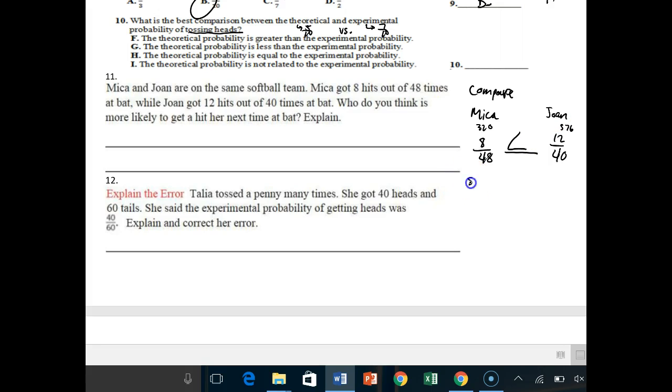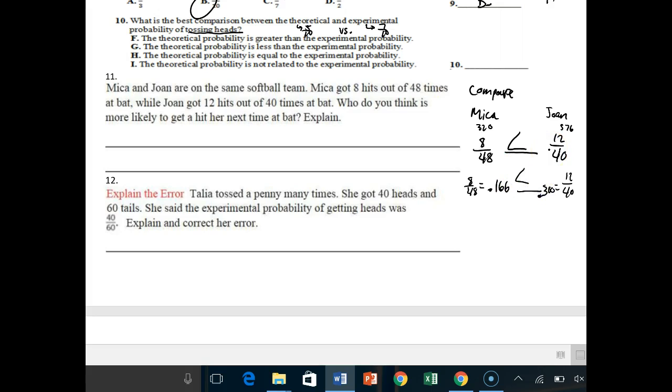You could also just use your fancy calculator and do 8 divided by 48 and get 0.166 and compare that to 12 divided by 40, which gives you 0.3 or 300, right? And it still turns out that Joan is better.